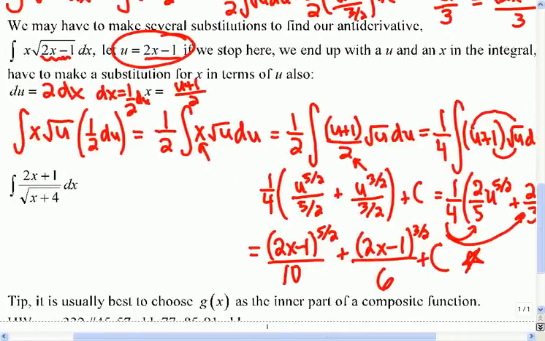Let's talk strategy. If we were to make a substitution, what do you think would be the appropriate thing to shrink? Our choices would be x plus 4 or 2x plus 1. What do you think would be the best thing to shrink down? X plus 4 is correct. Can anybody think ahead as to why x plus 4 would be the better thing to substitute?